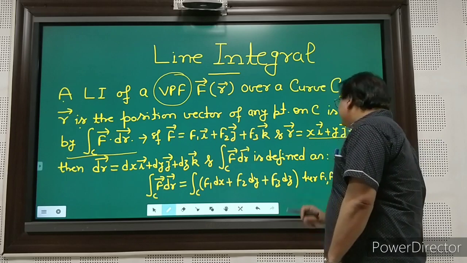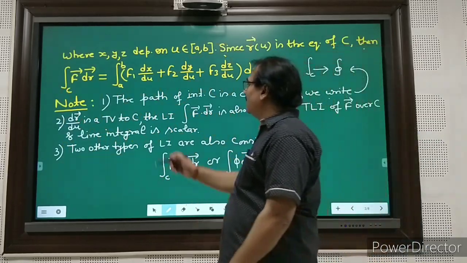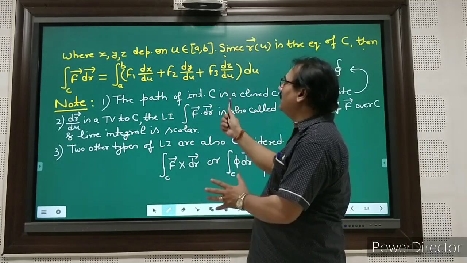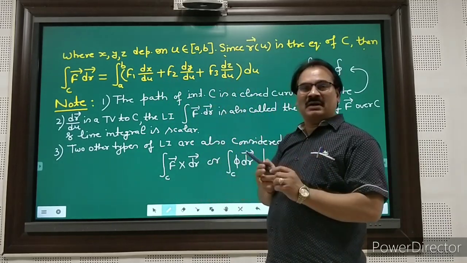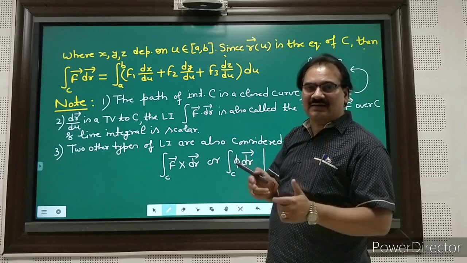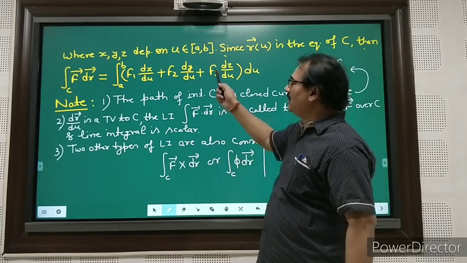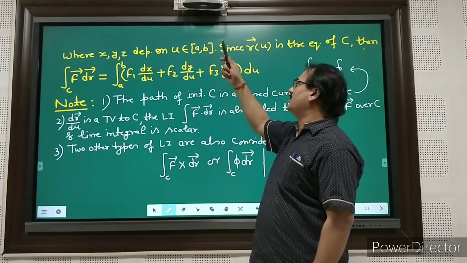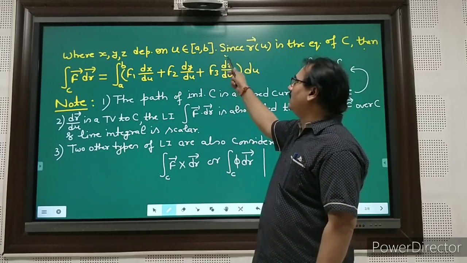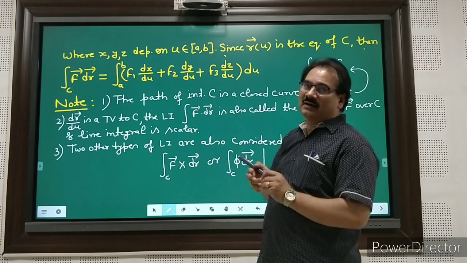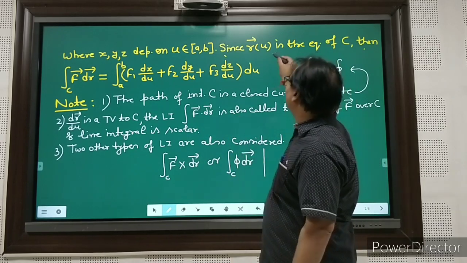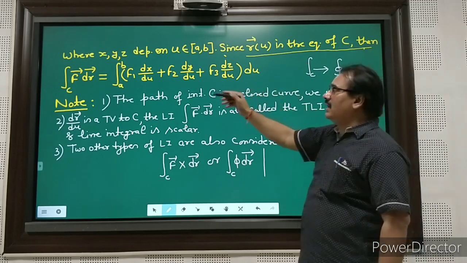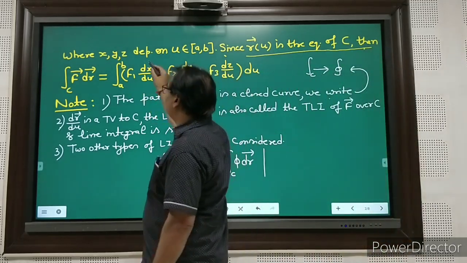Now what are x, y, z? Every curve can be represented in parametric coordinates also. So here x, y, z depend upon u. Let us suppose u is a parametric coordinate defined within the closed interval a to b. Since r(u) is the equation of the curve, f dot dr may be written in this form also.